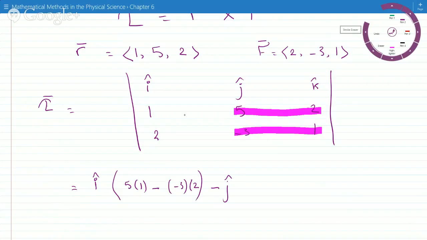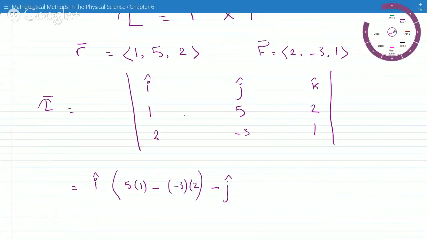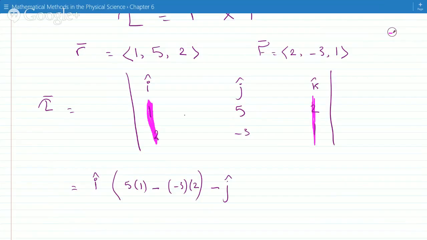Now, when we hide the row and the column that the j is in, we end up with this, and so this will be 1 times 1 minus 2 times 2.